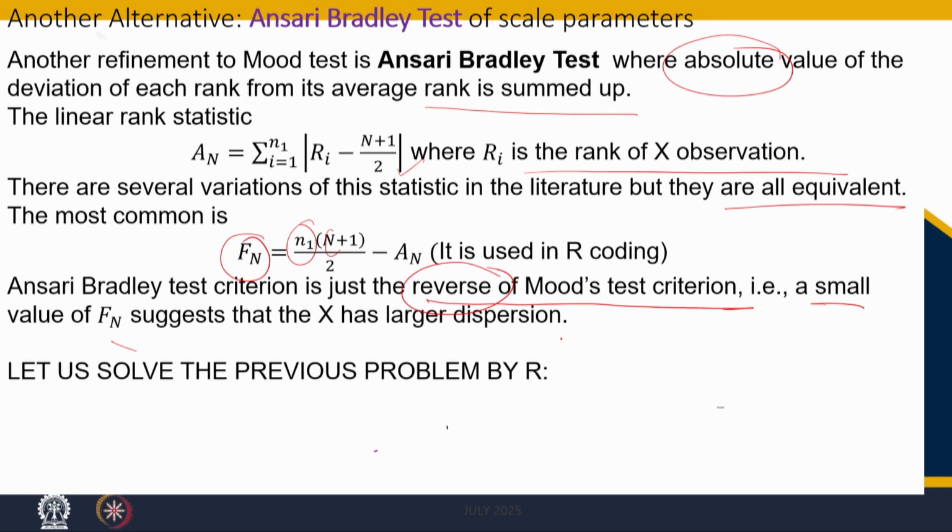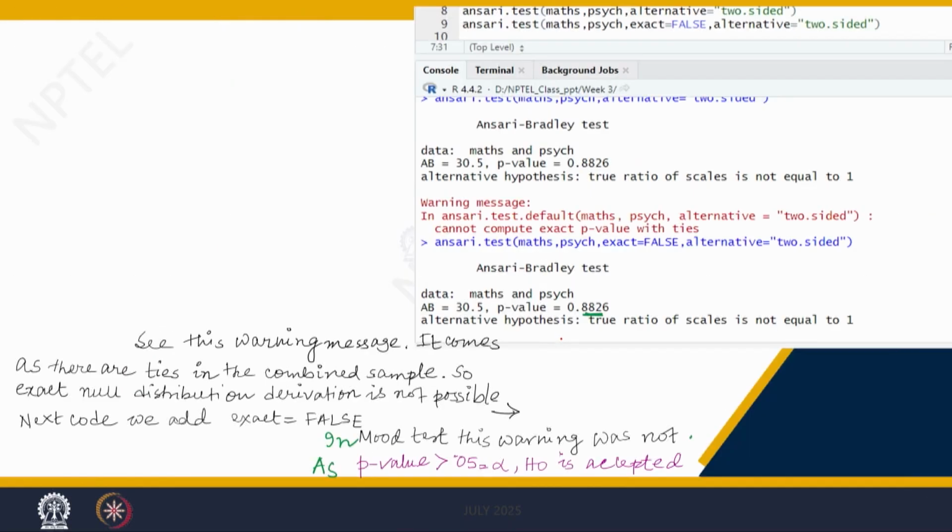But these types of hazards are not encountered when you are dealing with p-value. P-value greater than 0.05 means you accept the null hypothesis, and less than 0.05 means you reject the null hypothesis.